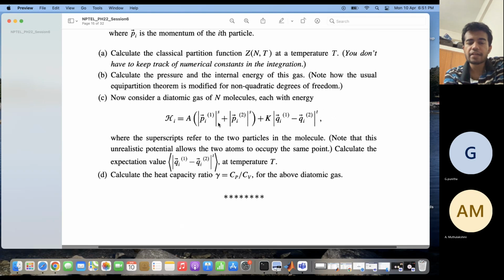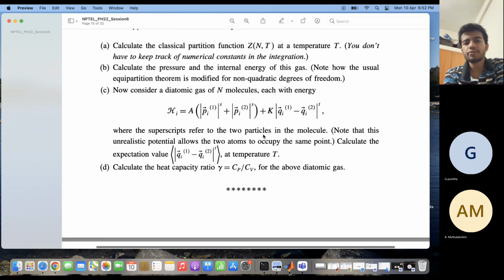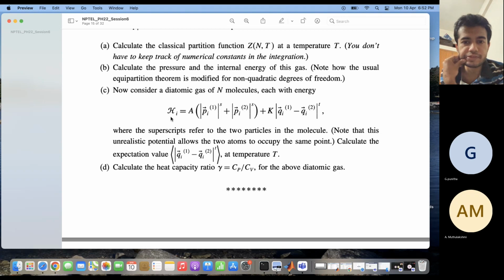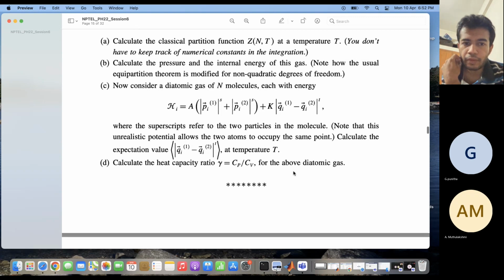Now you consider a gas of n molecules, each having energy given by H_i, which is equal to A into |p_i1| to the power s plus |p_i2| to the power s plus K into (q_i1 minus q_i2) raised to the power of t. Okay, so i1 and i2 basically represent the two atoms, since I'm considering a diatomic gas of n molecules, therefore 1 and 2 represent the two atoms within a given molecule.